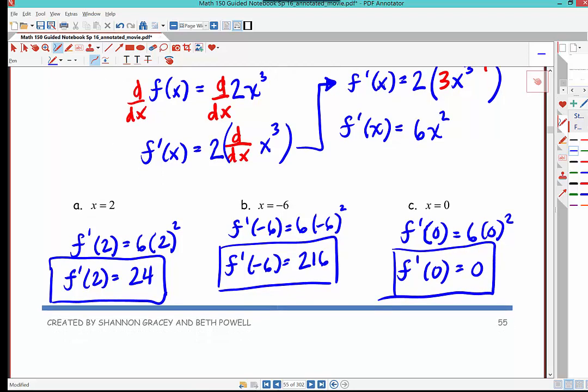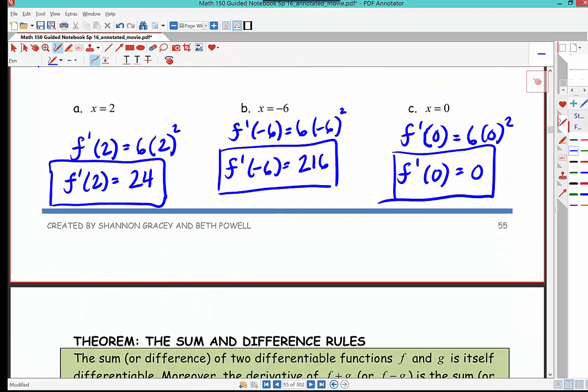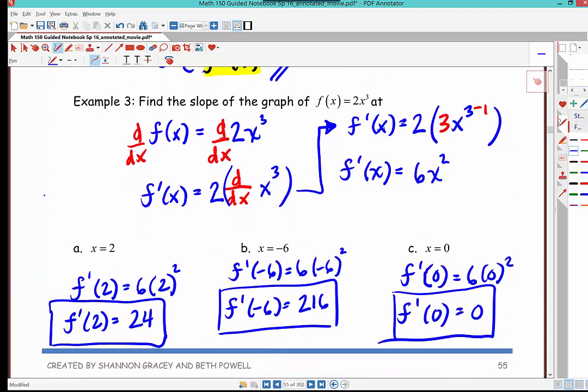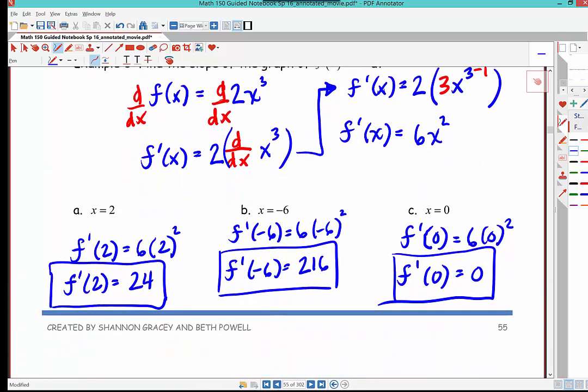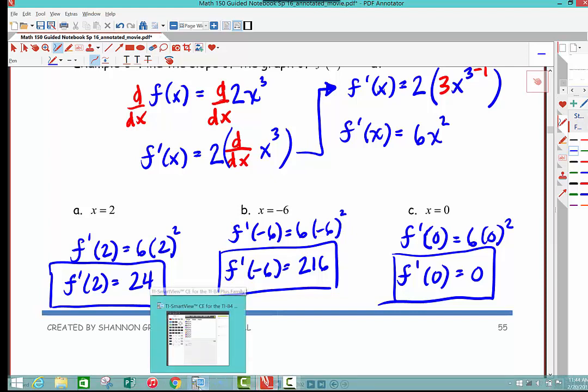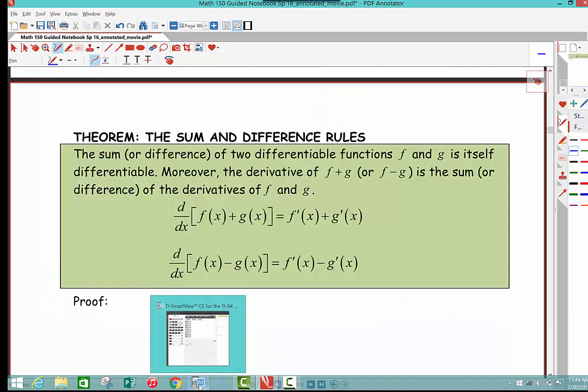Alrighty. So now, it's good to take a look at what's going on with a picture. I didn't leave that much room, but that's okay. We'll check it out. So our original function was 2x cubed.